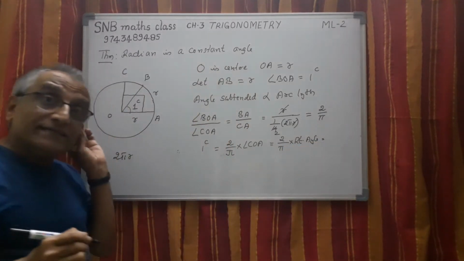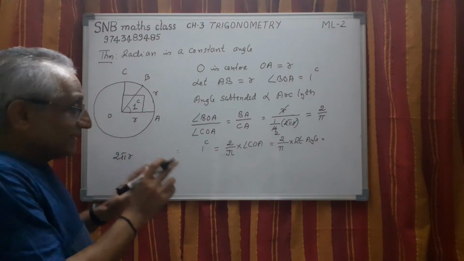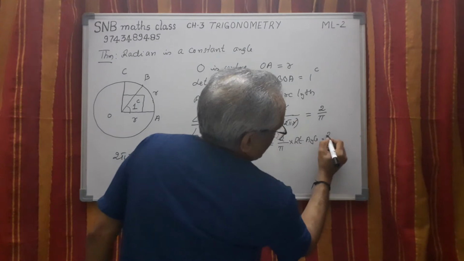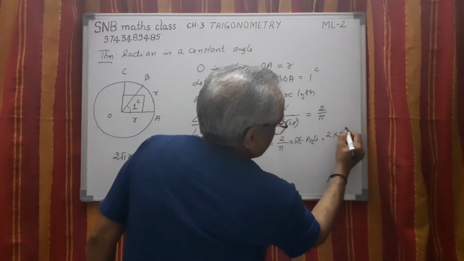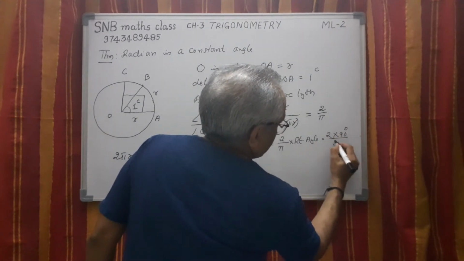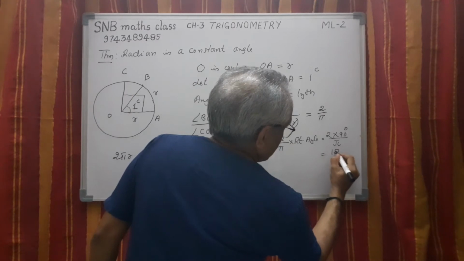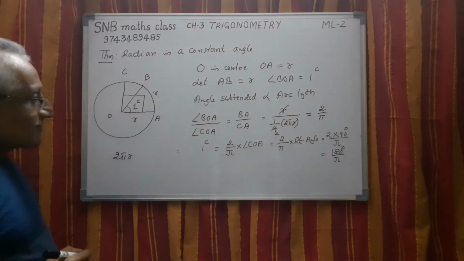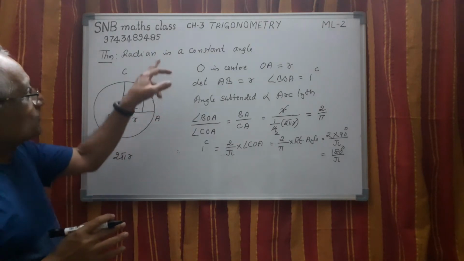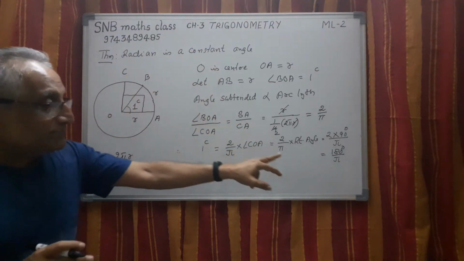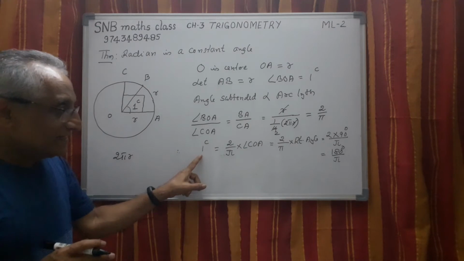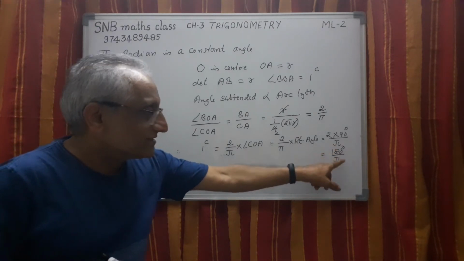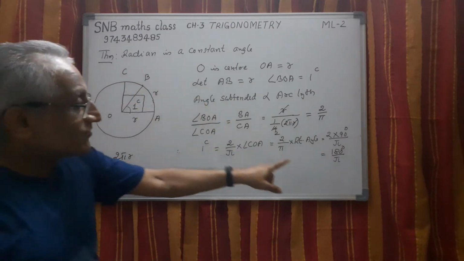But you know that in degree measure, to find the connection between radian and degree measure, I can write here 2 into 90 degree divided by pi, which gives you 180 degree divided by pi. So our purpose was to show that radian is constant. That is proved, because 1 radian equal to 180 degree divided by pi is a constant, pi is also constant, so it is a constant. So radian is a constant angle.